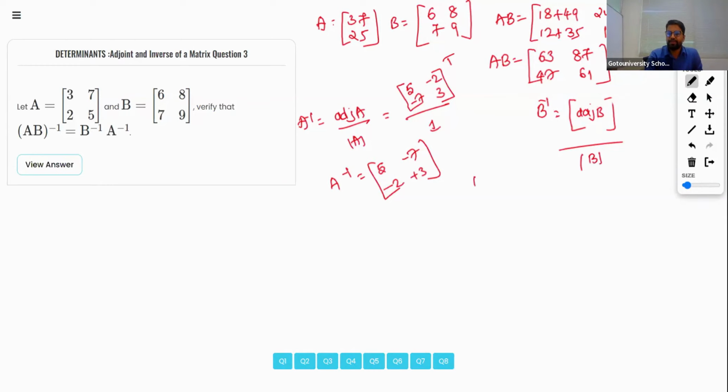What is the determinant of B? Let's see. The determinant of B is 6 9s, how much? 54 minus 56, which is minus 2, right? And the adjoint of B is the transpose of the cofactor. So in the cofactor, this becomes 6, this becomes 9. This is an interchange, right?